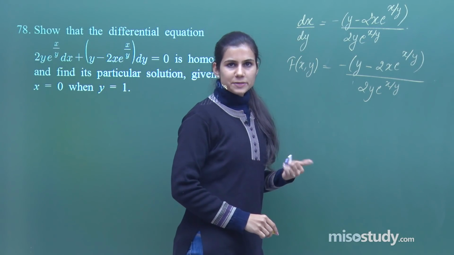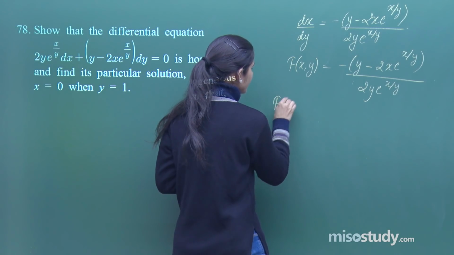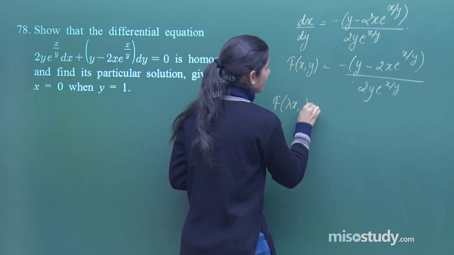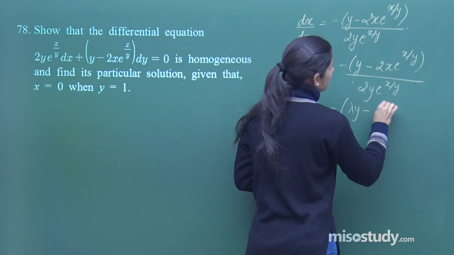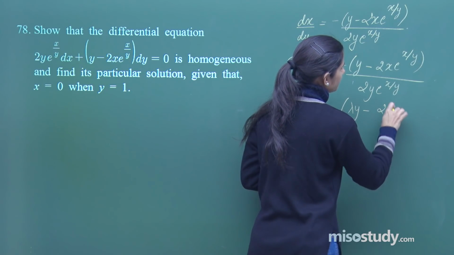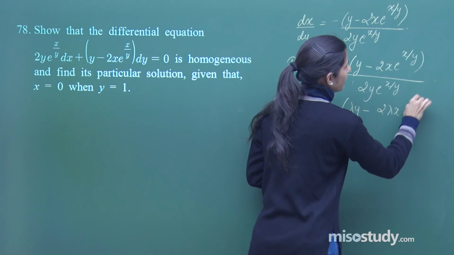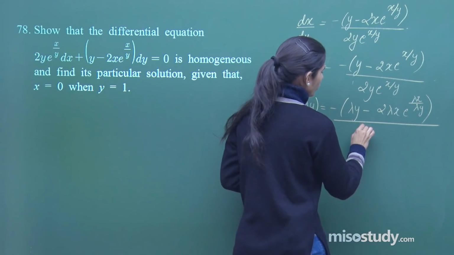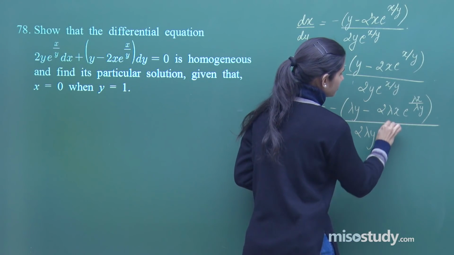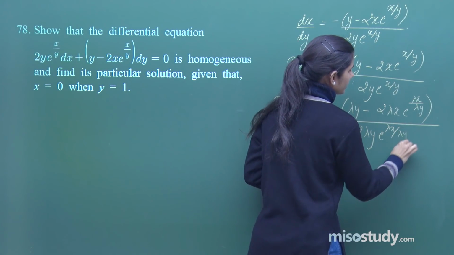Now, I will replace x by lambda x, y by lambda y. So, I get f of lambda x comma lambda y. This becomes minus of lambda y minus 2 times lambda x e to the power lambda x by lambda y, whole upon twice of lambda y e to the power lambda x by lambda y.